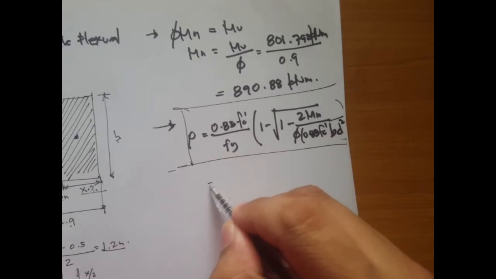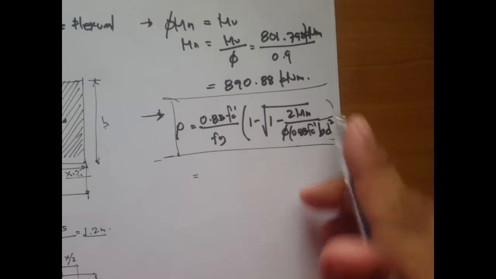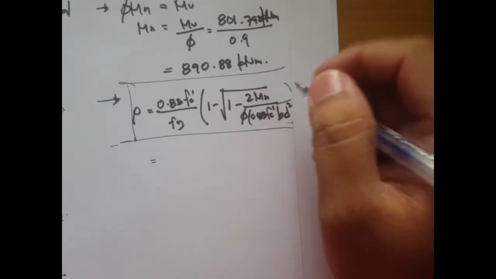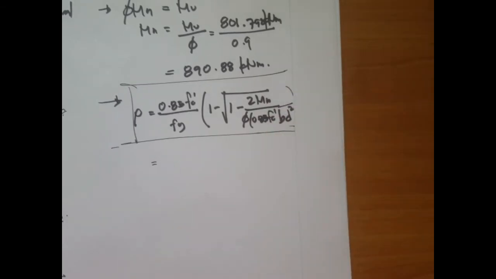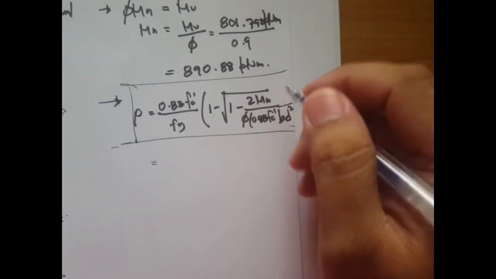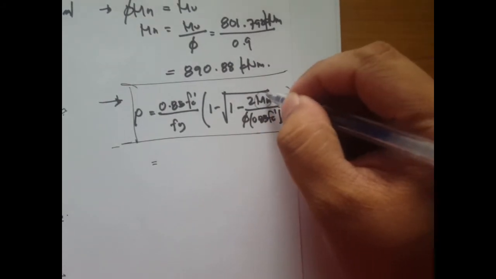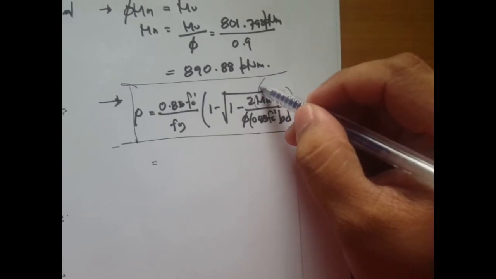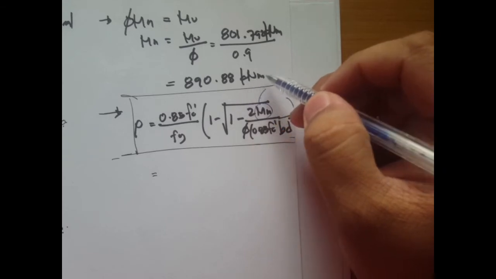So this is our working equation. Now if we substitute the values, but before that, I'd like to point out some important units that we'll use here. For our nominal moment capacity, we have solved that in kilonewton meter.